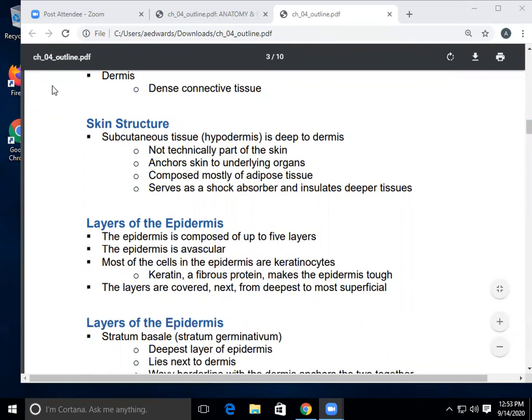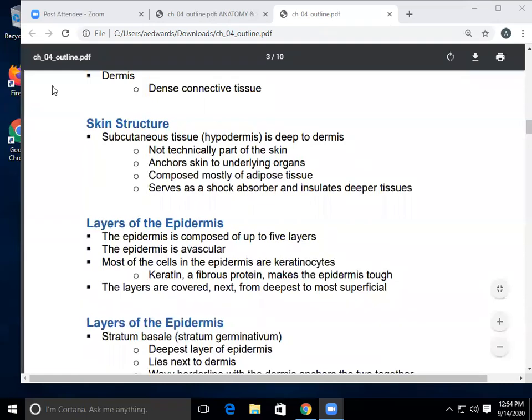All right, so let's talk a little bit about the hypodermis that's deep to the dermis. It's considered subcutaneous because it's below the cutaneous tissue. So technically it's not a part of your skin, but it anchors your skin to the organs underneath it. It's mostly made up of adipose tissue or fat cells.